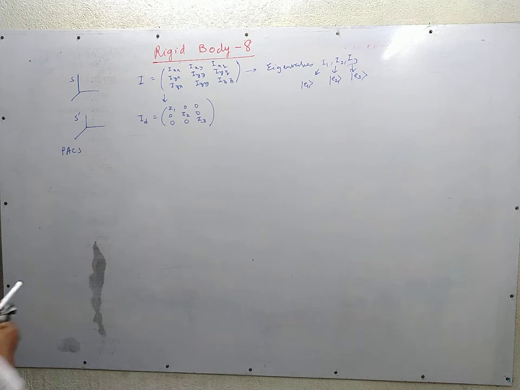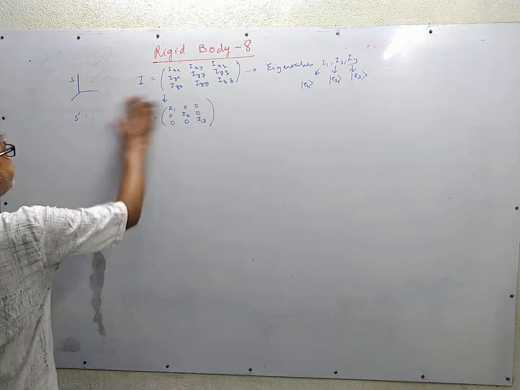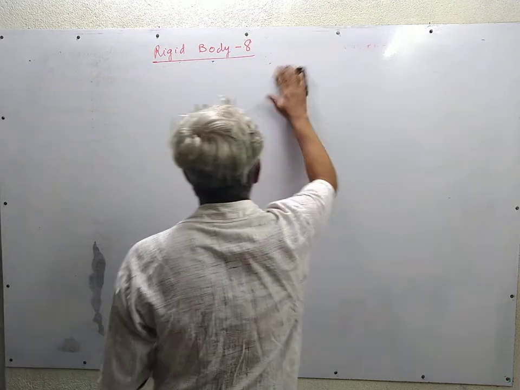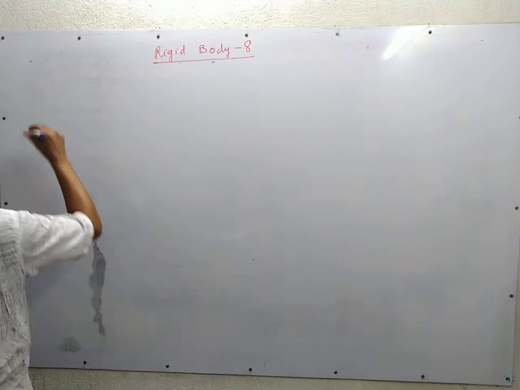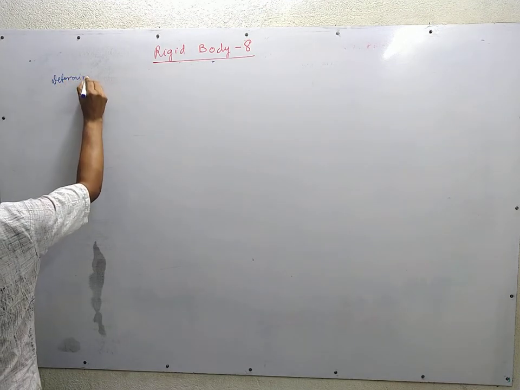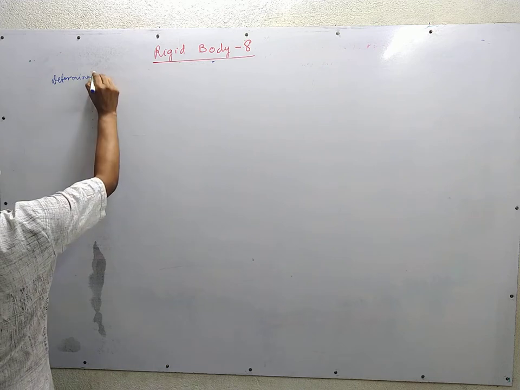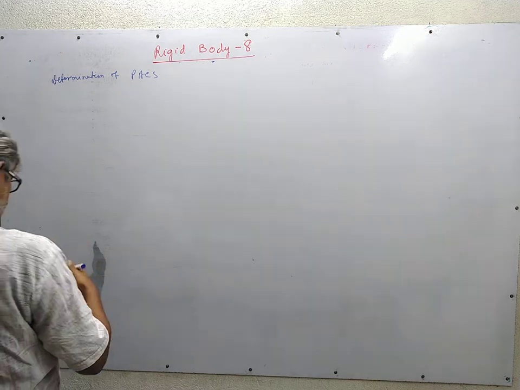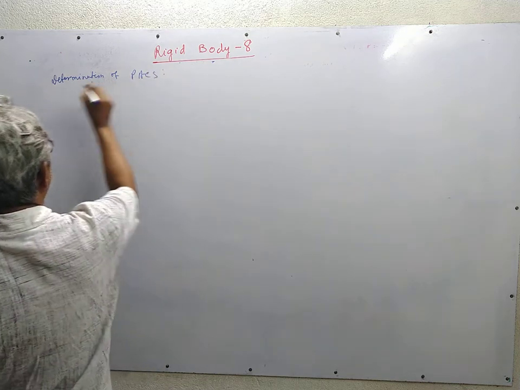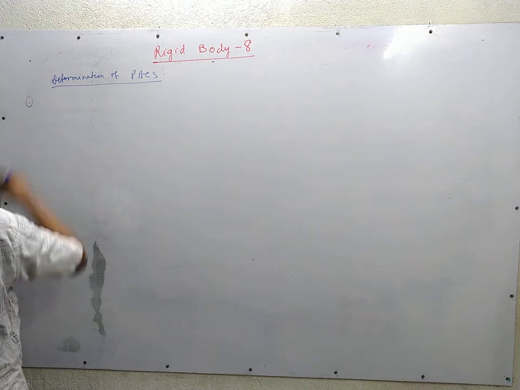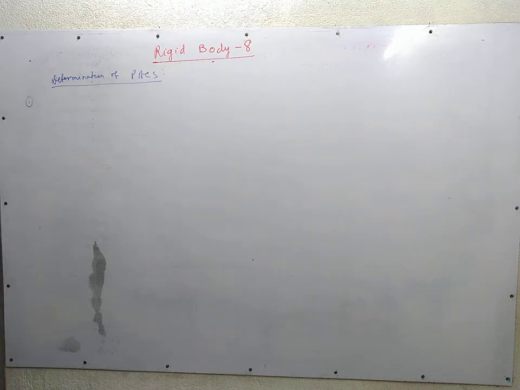So firstly we consider a uniform square lamina, for the determination of the principal axis coordinate system. The first example that we are going to discuss is a square lamina.